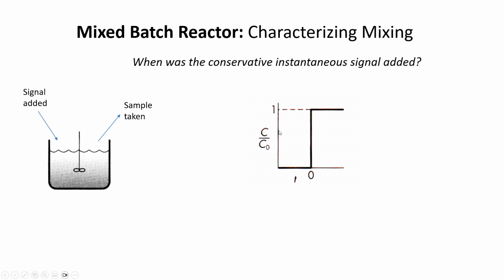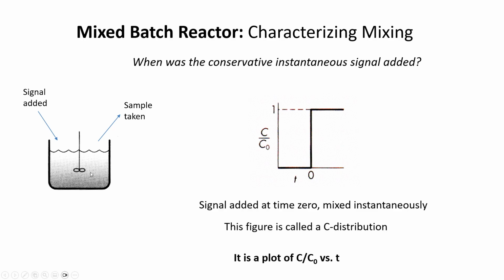This curve, a C curve as it is called, concentration versus the initial concentration, will help you to understand the mixing behavior. So we call this a C distribution or a C curve, and it's just a way of characterizing how the concentration changes after you inject the sample.